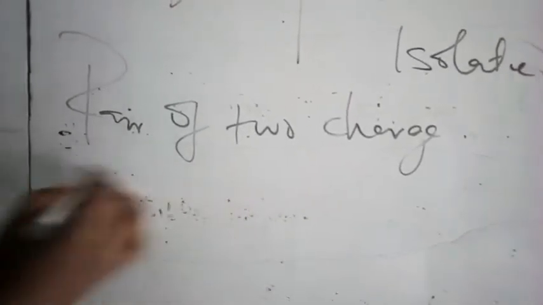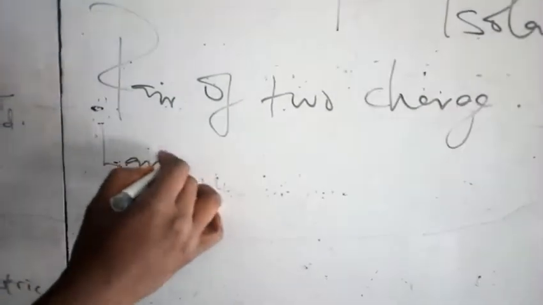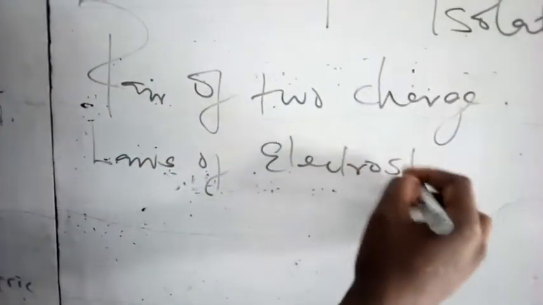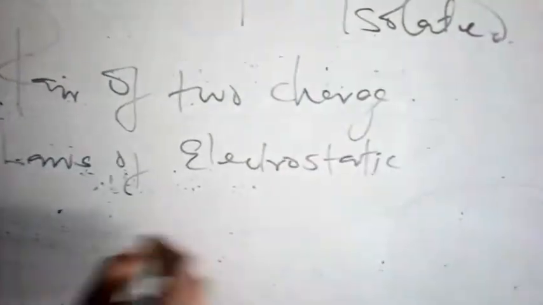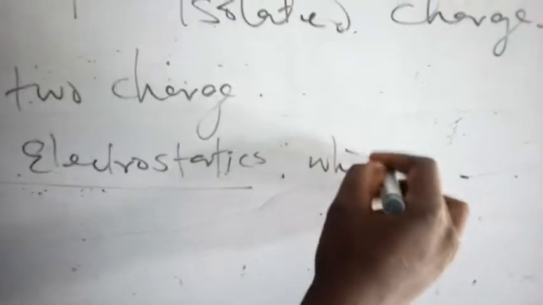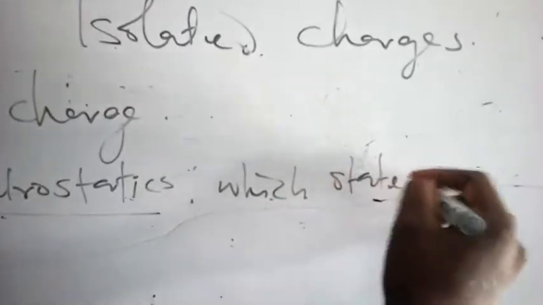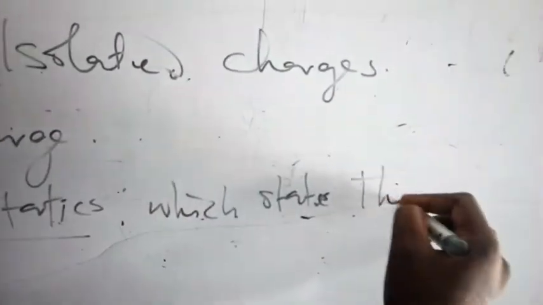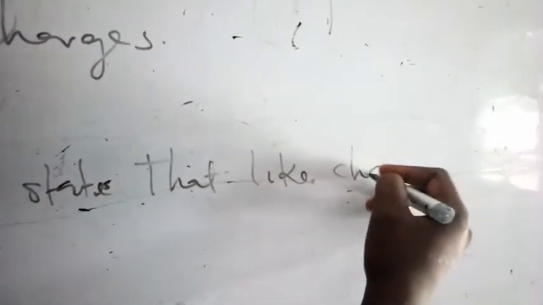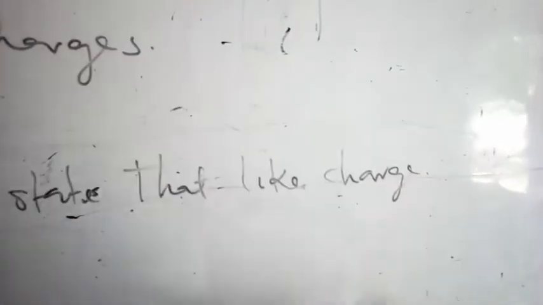Let me write it down. Laws of electrostatics, which states that like charges, sorry, we are not using poles now. When we are using poles, we are talking about magnetism.